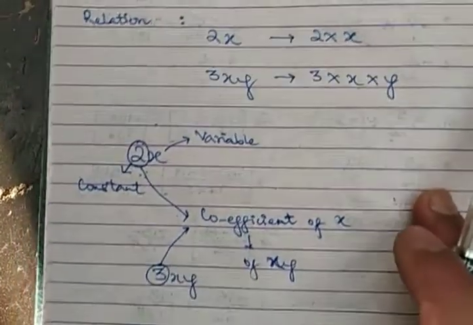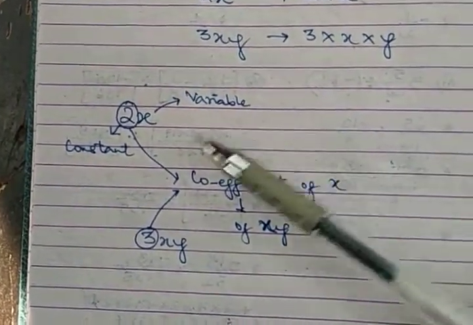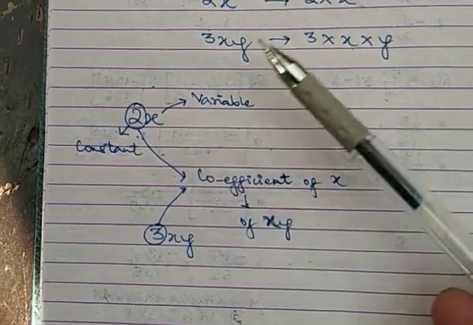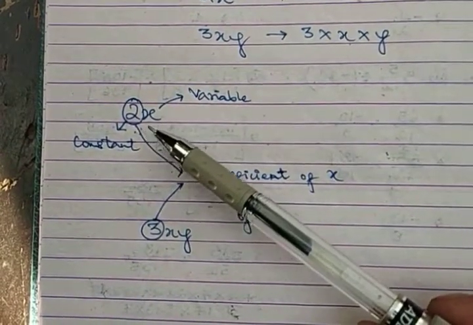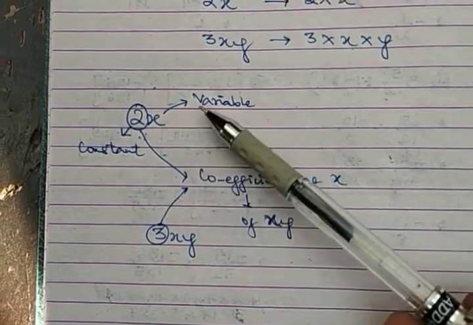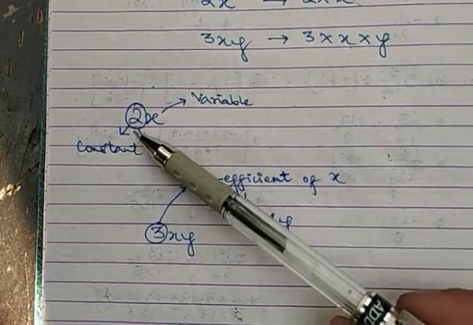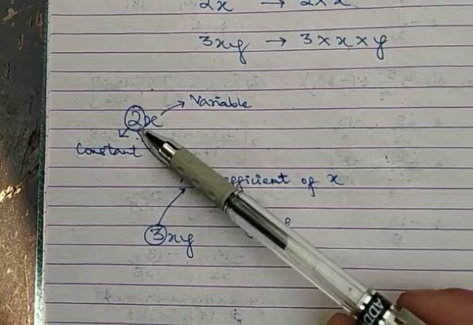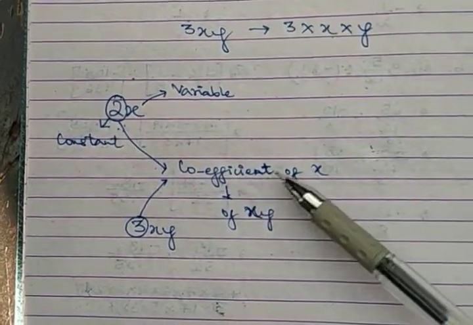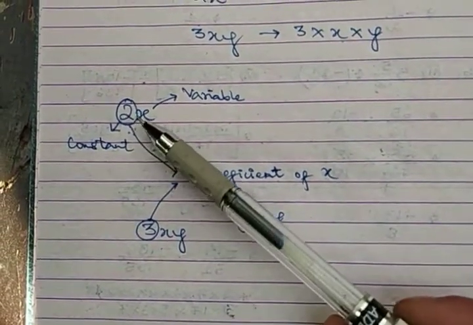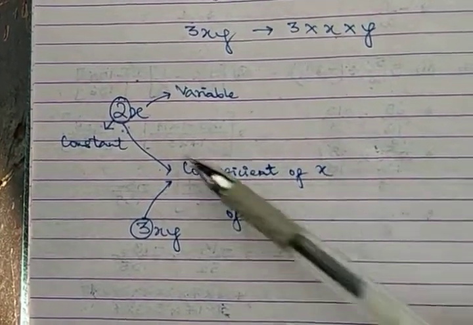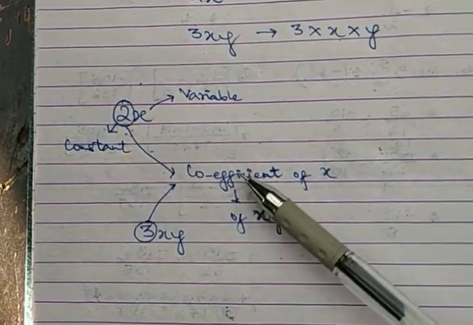Is it okay? And one more important thing: whenever a constant and a variable are written together, the relation between them is multiplication, isn't it? Here we have x as the variable and 2 as the constant term. Whenever these two terms are written together, the constant term is also known as the coefficient of the variable. In the first case we have the variable x, so 2 is known as the coefficient of x.